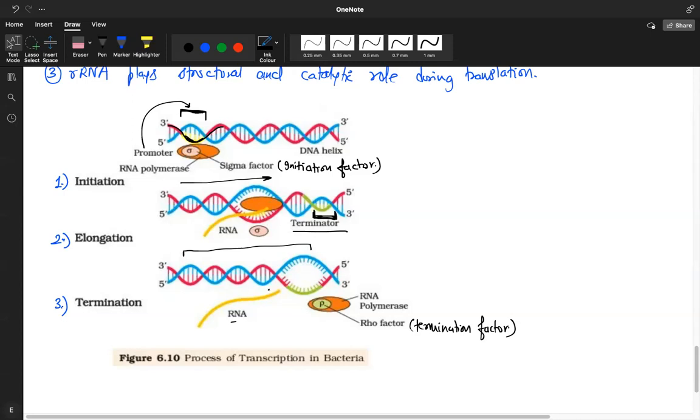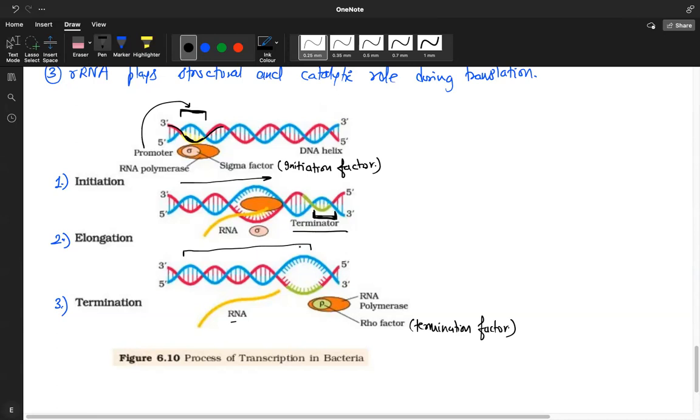The sigma factor dissociates from the RNA polymerase and elongation begins, during which the RNA polymerase uses nucleoside triphosphates.